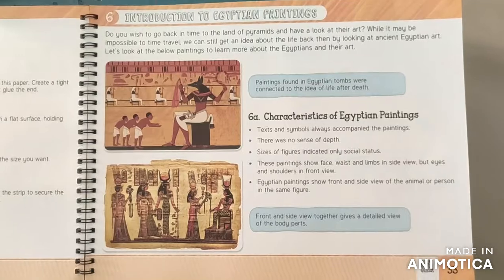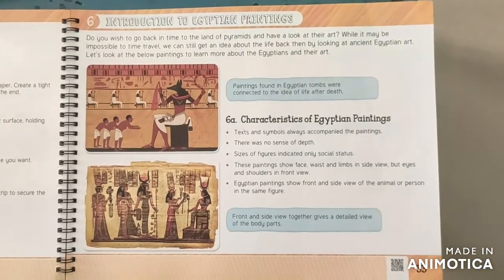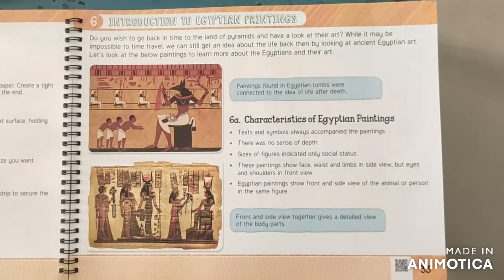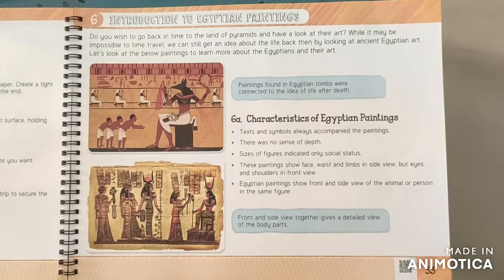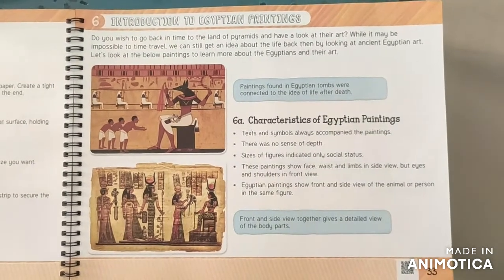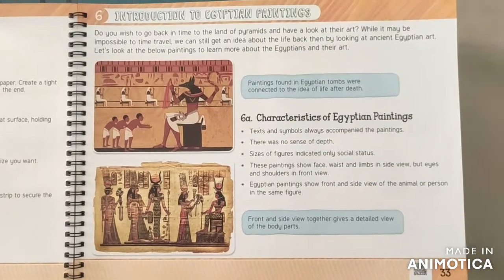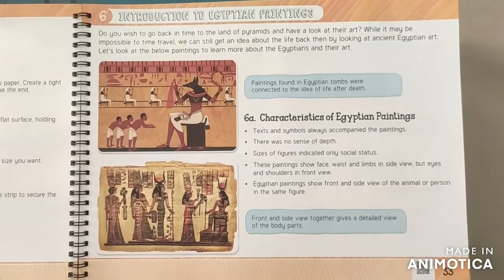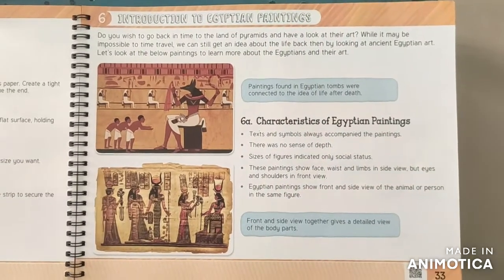Do you wish to go back in time to the land of pyramids and have a look at their art? While it may be impossible to time travel, so sorry, it is not possible to time travel, meaning to go back to past times. It is not possible for us, already.